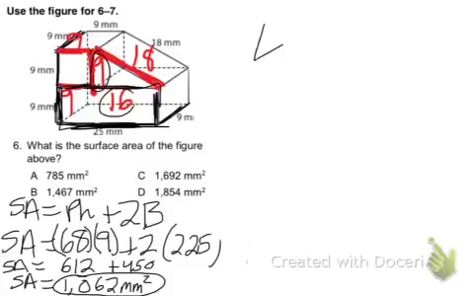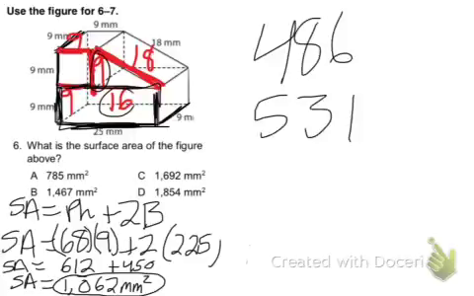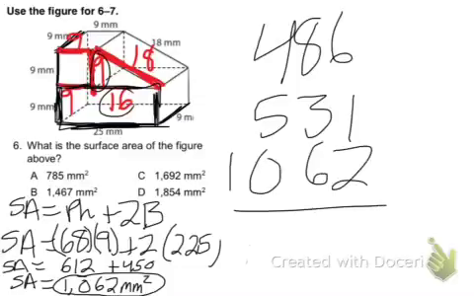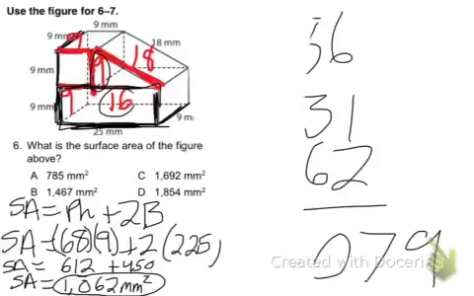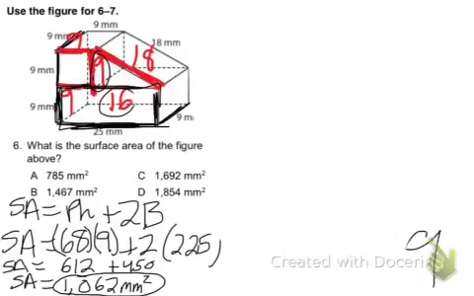We had 486, 531, and 1,062. When you add those up, you get 2,079. I wrote that nice and big, so you can write that down. That's when we add up everything. Now I'm going to erase that again so we have more space to work. 2,079, remember that number.